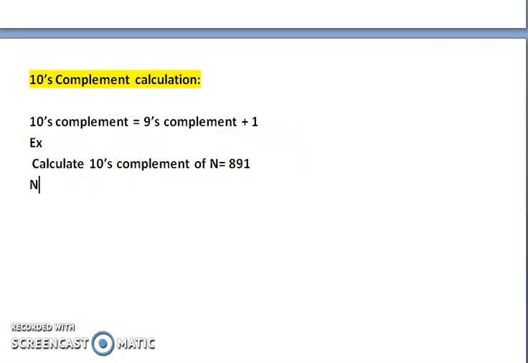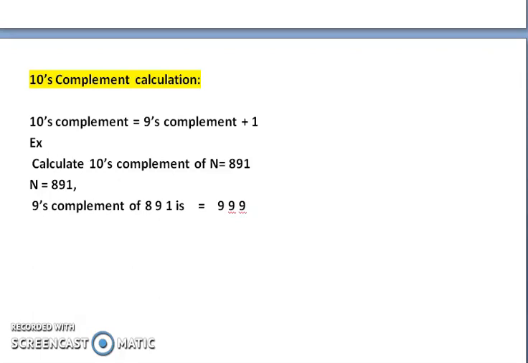So what is the 9's complement value of 891? To calculate the 9's complement, first subtract this value from 999, because it is a 3-digit number.